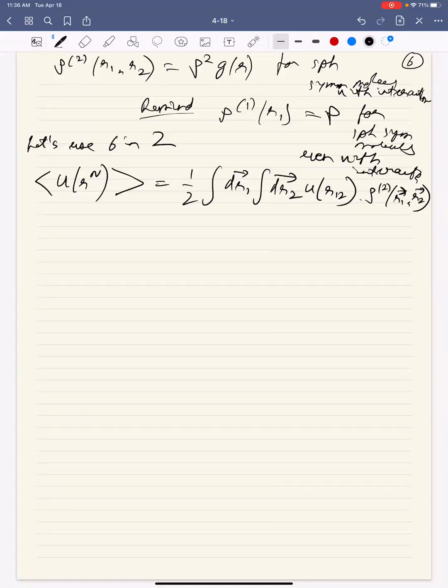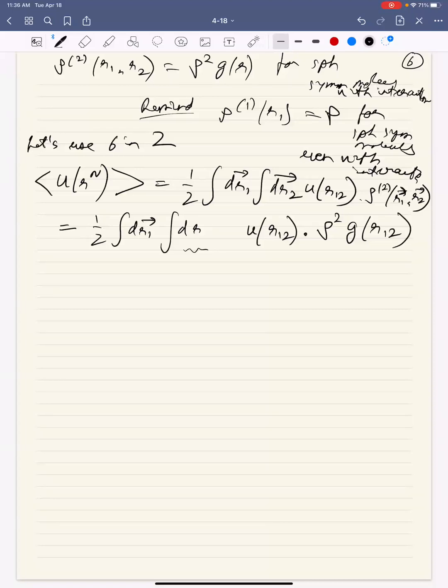Okay, so let's write this down explicitly using equation 6. So this is going to be half integral dR1 multiplied by integral d, and I will come back to this dr in just a moment. Here I'm going to write it as u of R12 multiplied by rho square g of R12.